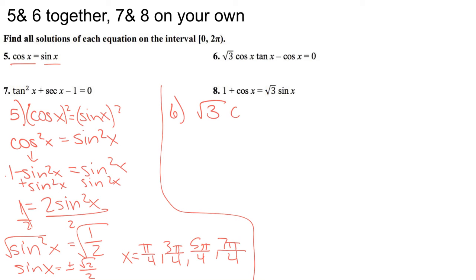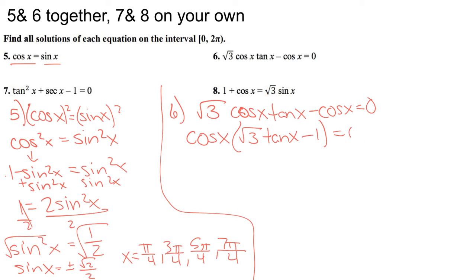Root 3 cosine x tan x minus cosine x equals 0. I can pull a cosine x out of both. Then I get cosine x equals 0, and root 3 tan x minus 1 equals 0.